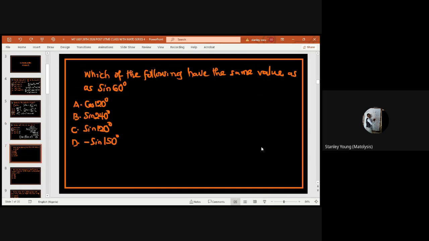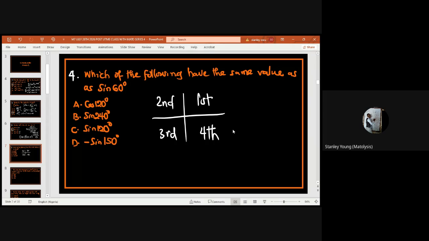So we have our question 4. Which of the following have the same value as sine 60? This falls under quadrants. We have the first quadrant, second, third, and fourth. There is an acronym we use for all these quadrants.